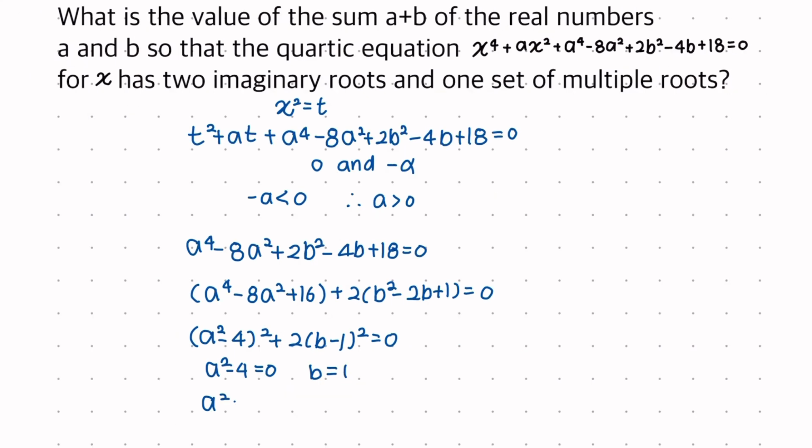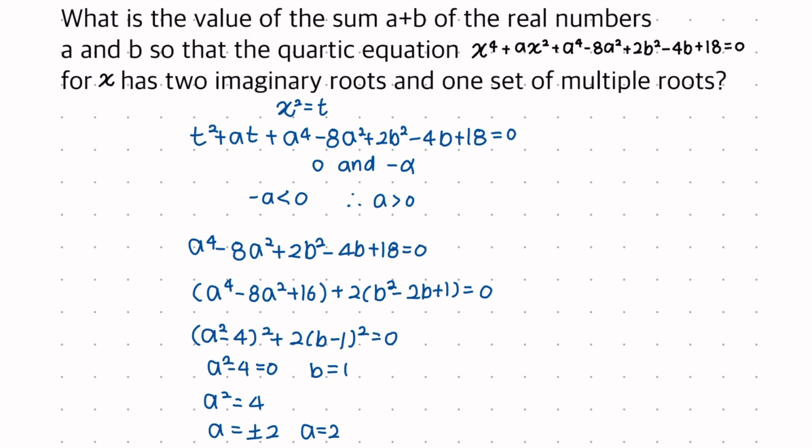So a squared equals 4, which means that a equals minus or plus 2. But since a should be greater than 0, a is 2. So if we add 2 plus 1, we get 3. So the sum of a plus b is 3.